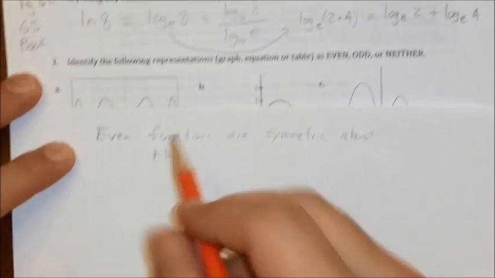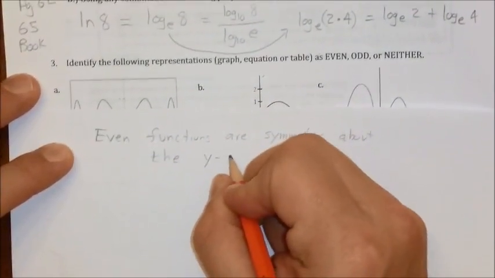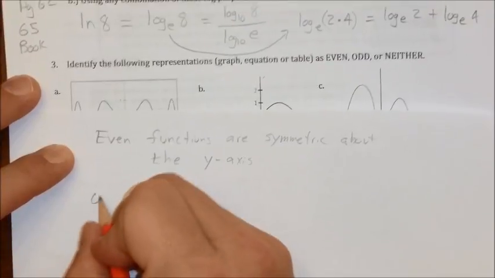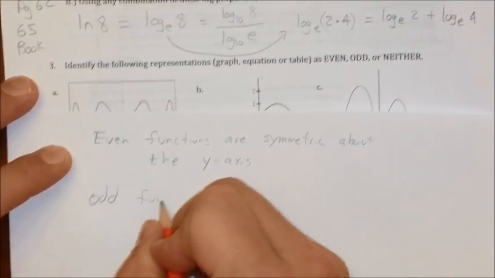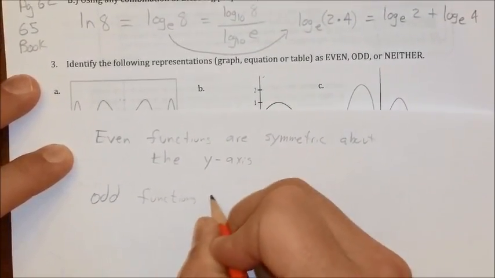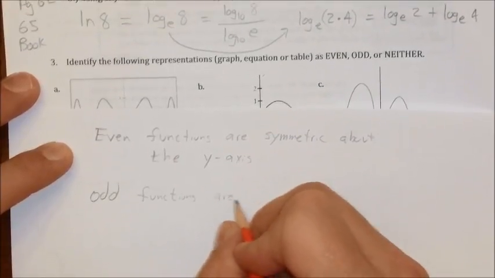Even functions are symmetric about the y-axis, and odd functions are symmetric about the origin.